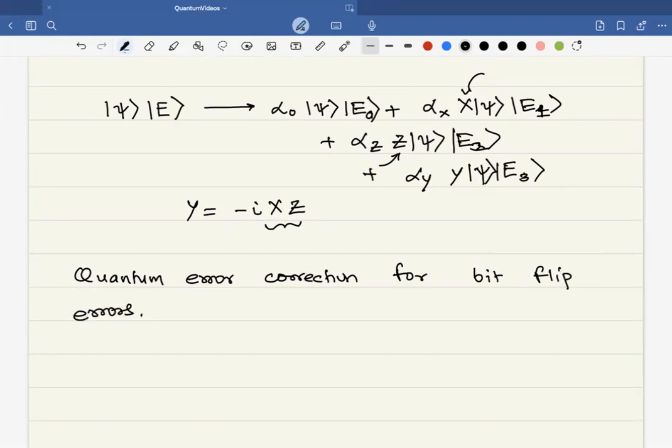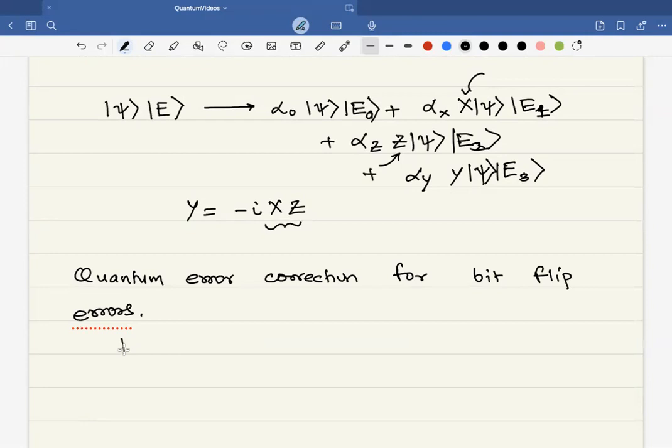And this will be similar to the classical errors. We are going to add some redundancy. And we are going to assume that only a single bit flip error occurs. So this protocol that we're going to study is going to be able to correct only single bit flip errors.